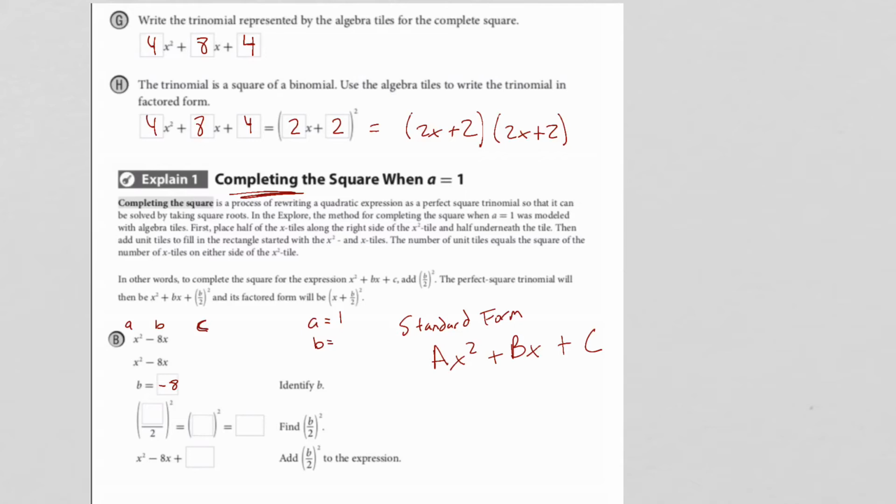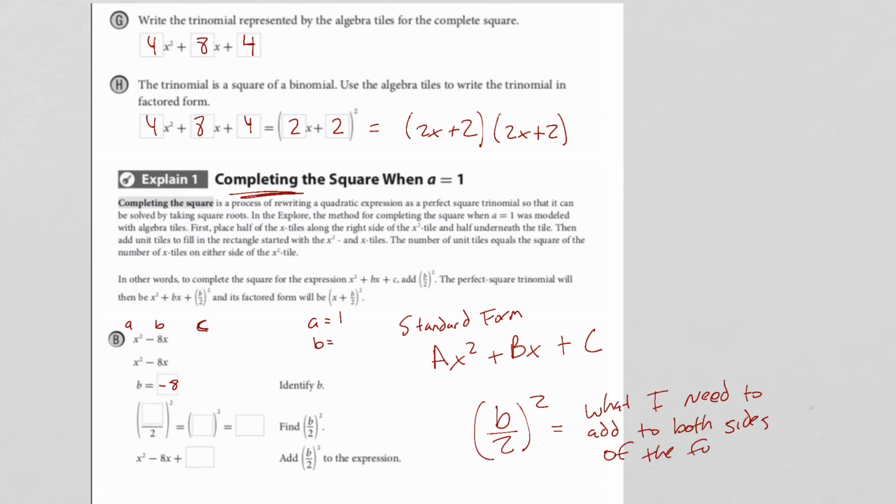So if b is negative 8, the process for completing the square is taking whatever b is, dividing it by 2, and then squaring it. This is what I need to add to both sides of the equation.